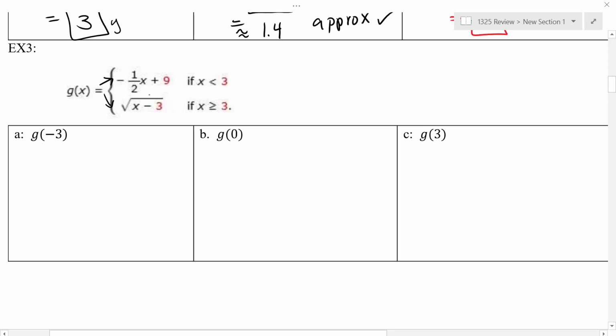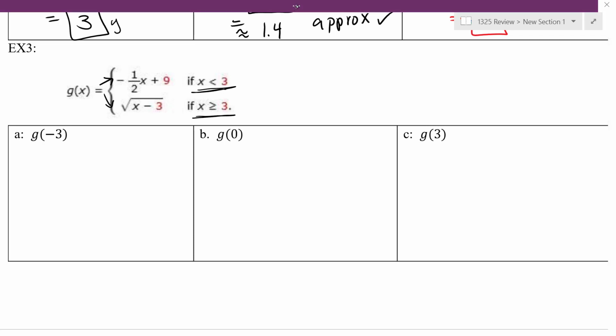Now the top equation can only be used if the x values that I'm putting into the function are less than 3. The bottom equation can only be used if the x values that I'm putting into this function g are greater than or equal to 3. So these represent our domain restrictions that tell me when I'm allowed to use those equations in front of them.